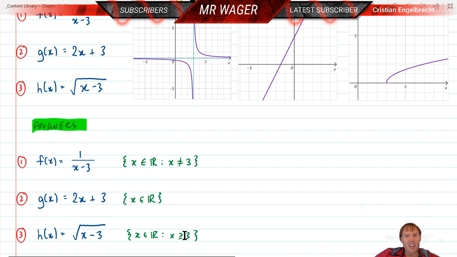But rather than saying what it can't equal, we just say what the x values can handle in this particular function. It's easier to do that for inequalities than it is for this one, where we just put a line through it for not equaling 3.